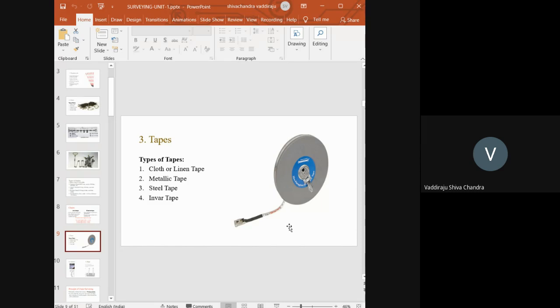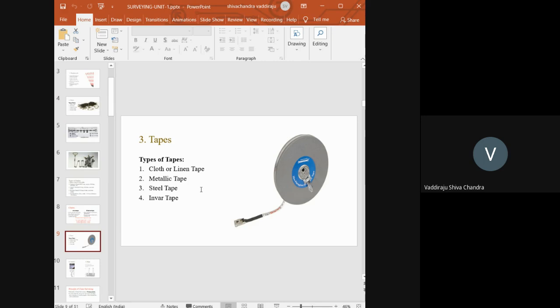What are the disadvantages of cloth tape and what are the advantages of invar tape? The only thing is that cloth tapes may get torn when you drag them on a rough surface. Invar tape doesn't get torn. Metallic tape or steel tape is subjected to temperature variations, because every product is manufactured for some appropriate temperature. If the maximum temperature a tape can withstand is 30 degrees, it can be used at that temperature.